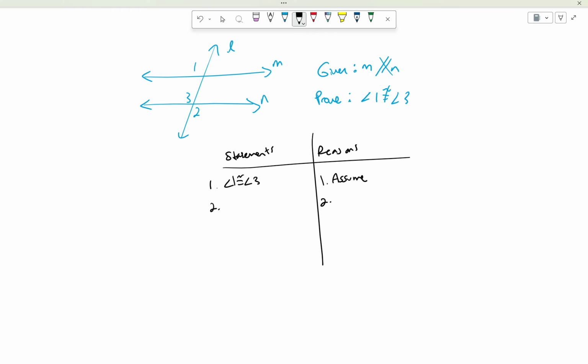Now, what do we know about angles 1 and 3? Well, angles 1 and 3 are corresponding angles, and the reason we can say that is because of the definition of corresponding angles.